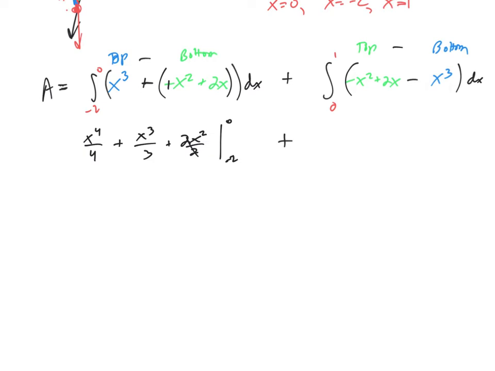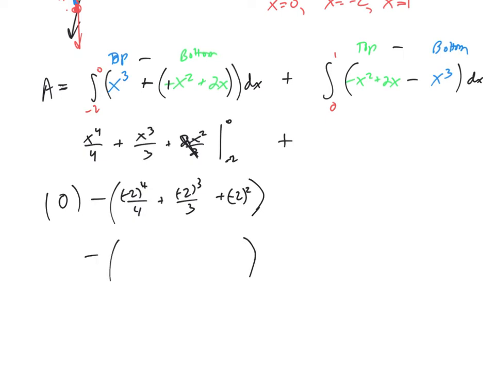So I am going to get a 0 when I plug in that first. Each term has an x. So 0 minus my second plugging in is going to be the hard work here, negative 2 to the 4th over 4. Parentheses with a negative, don't forget that. I know you guys aren't going to write it.